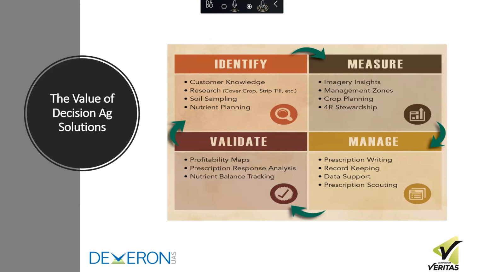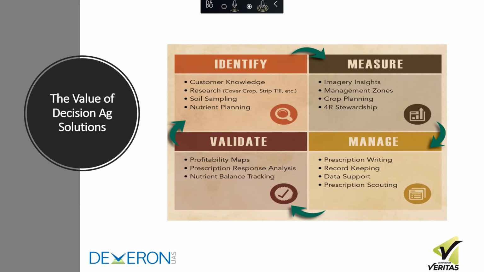When considering utilizing any Decision Ag solutions, there are 4 areas that you must look at, and they're important to ensure that the applied methods you're working with will work. The first step is to identify. You want to identify any of the issues in your field, nutrient deficiencies through soil sampling, or, if you're scouting, any pest issues as well.